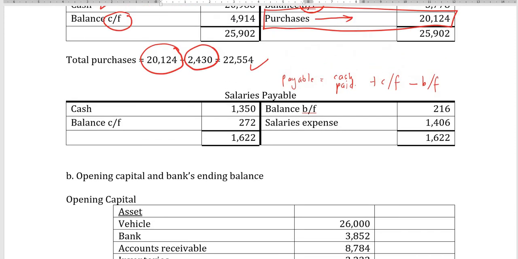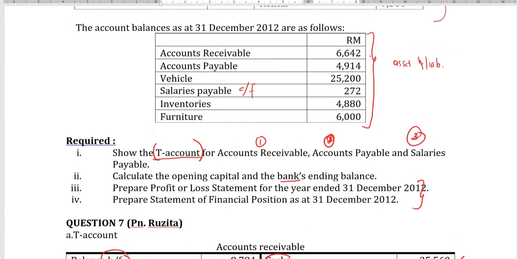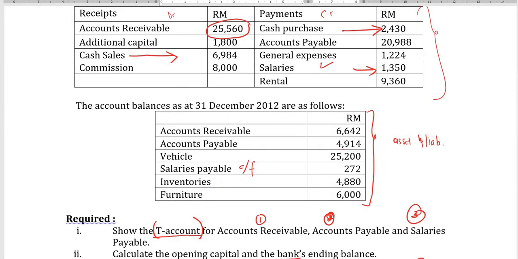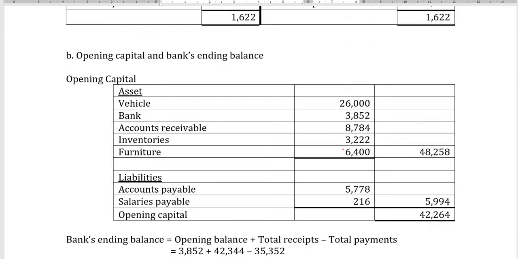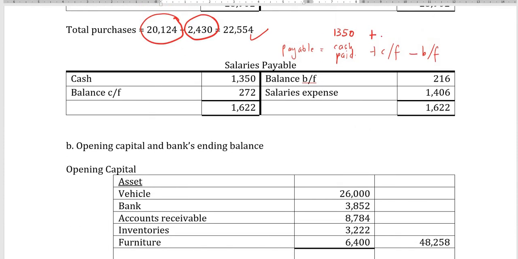Okay, so 1350 plus CF. CF in the question is here 272. Okay, and then we minus the BF. BF is 216. So memang kita akan dapat salaries expense is 1406. So yang ni kita akan masuk dalam income statement.